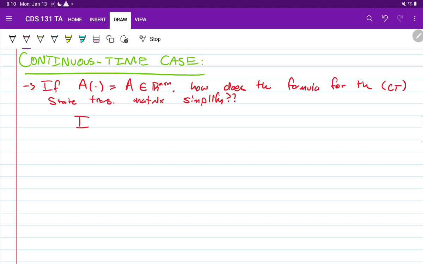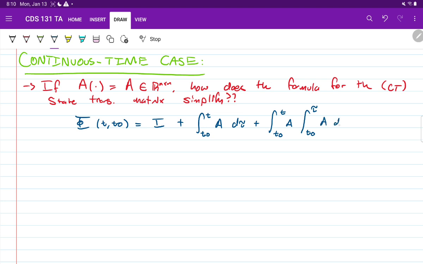So we know that phi of t comma t naught is equal to the identity, plus the integral from t naught up until t of a constant matrix A d tau, plus the integral of t naught up until t of constant matrix A times the integral from t naught up until tau of A d tau prime, d tau, and so on, right? Okay. Now the nice thing is here, since these matrices are all just constants, we can actually evaluate these integrals. All right, let's go ahead and do that.